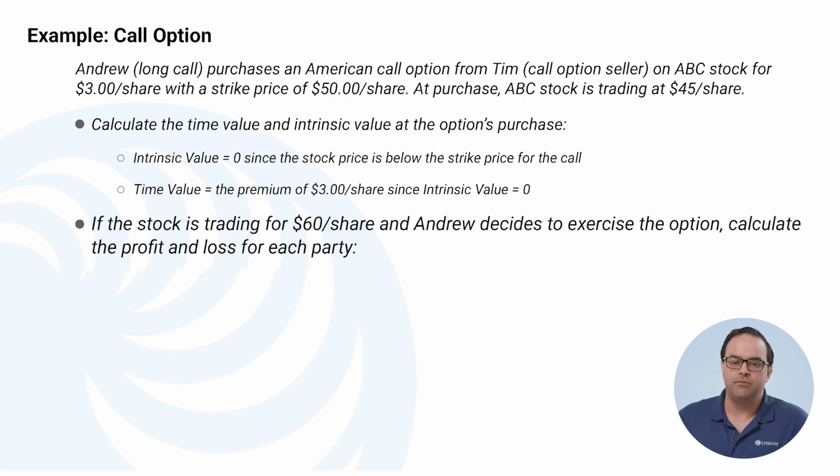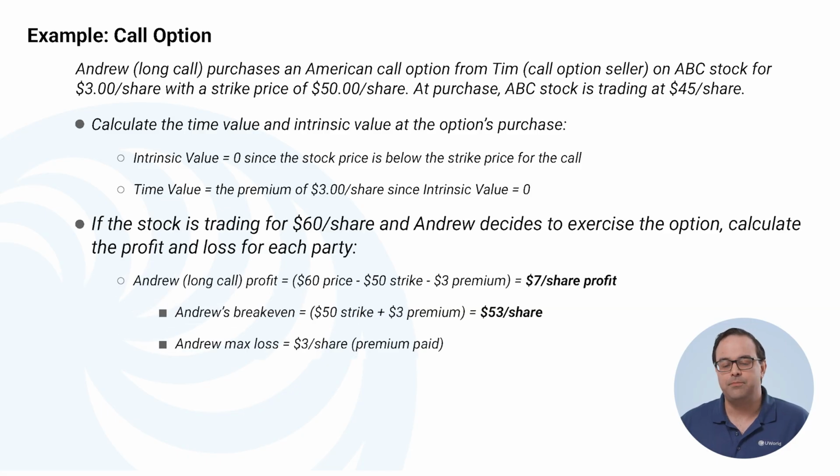If the stock were to be trading at $60 a share and the portfolio manager exercises this option, the profit for the long would be $60 less $50 a share, which is $10, less the premium paid of $3 a share. The net profit would be $7 for the long.